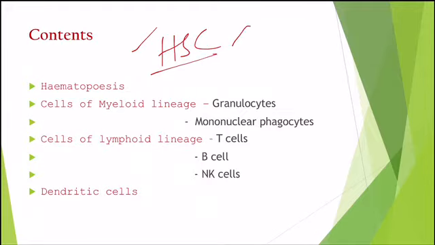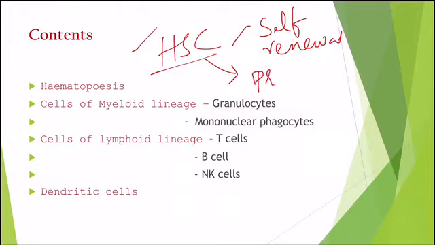Some cells have the self renewal ability, that means they can regenerate, but some cells lose their self renewal capacity and become more committed to a particular blood lineage, and they are called progenitor cells. Some retain their self renewal capacity.